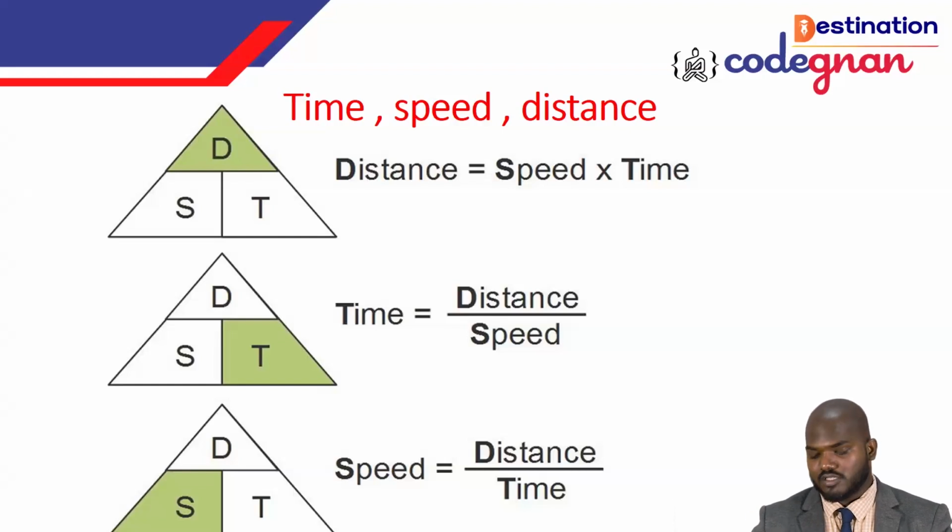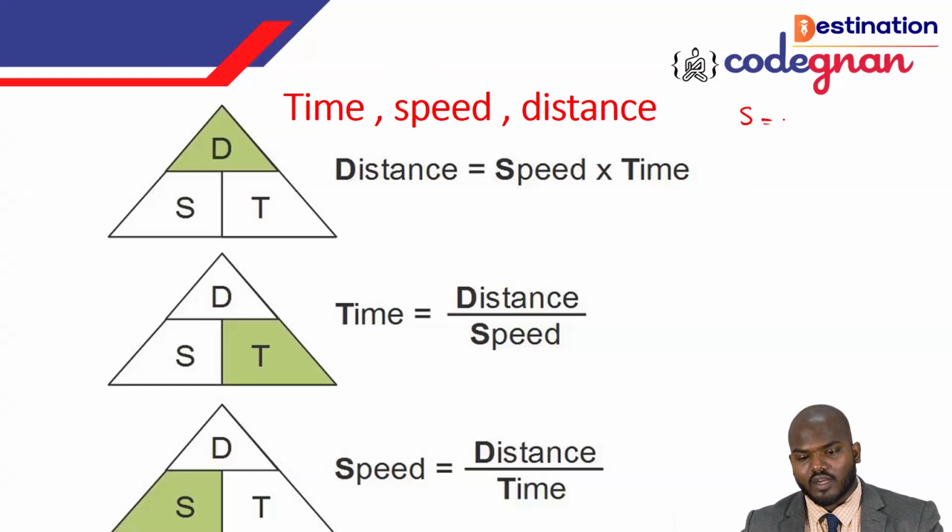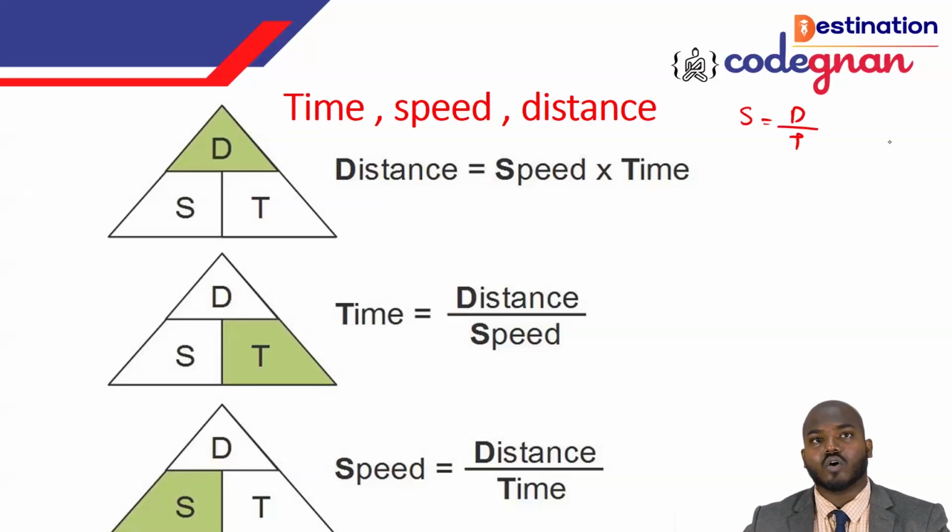Time, speed, distance deals with only three formulas. You see this one, speed is equal to distance over time. The distance can be in terms of meters, kilometers, feet, or inches. Those are the different dimensions of length and distance given in the problem.